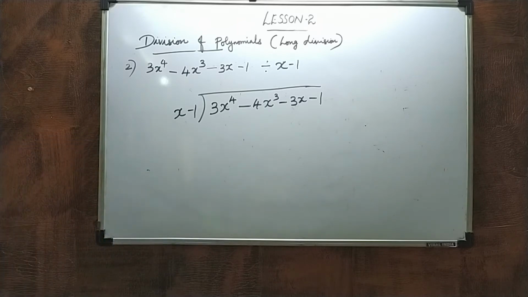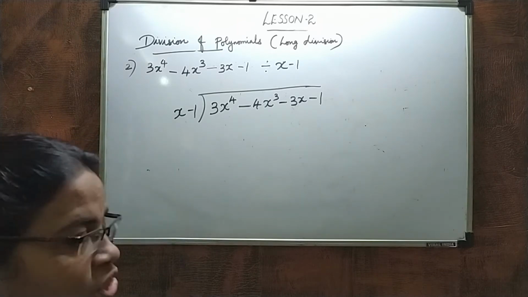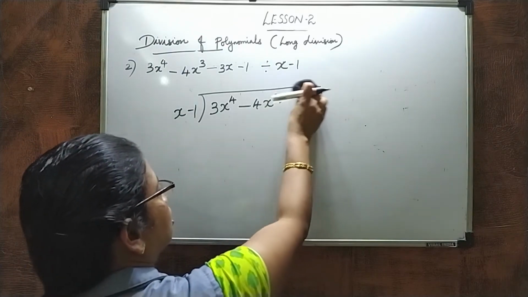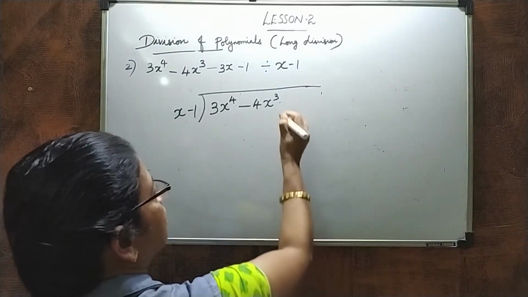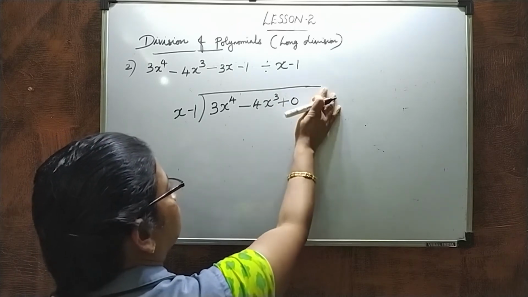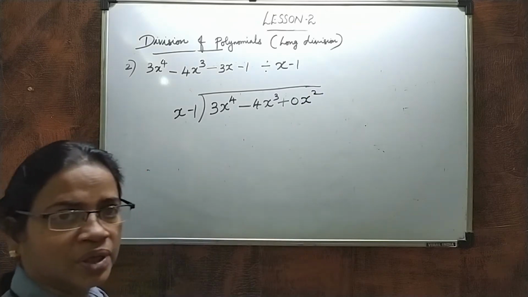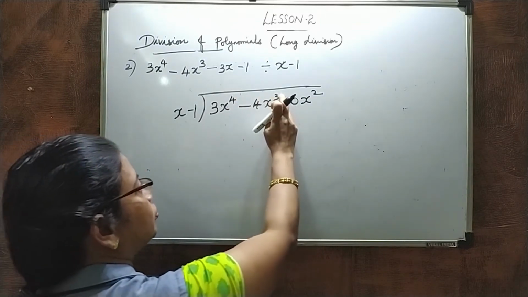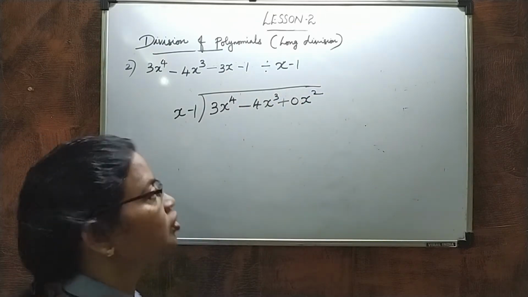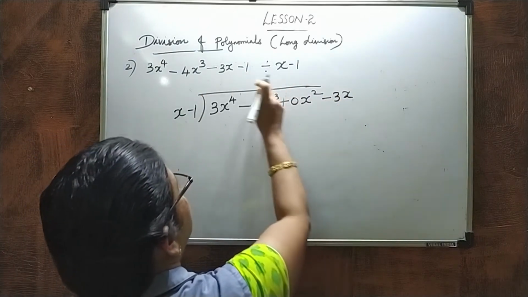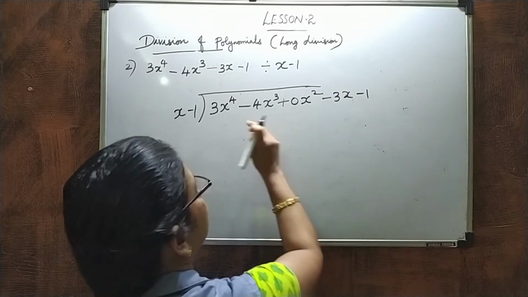There you have to write 0, you have to use positive, always plus 0 you can write there. So, plus 0 into x square. Now, look, 4, 3, 2 now. Then after that you can write minus 3x, then minus 1.